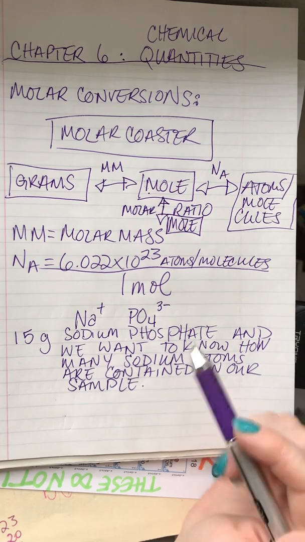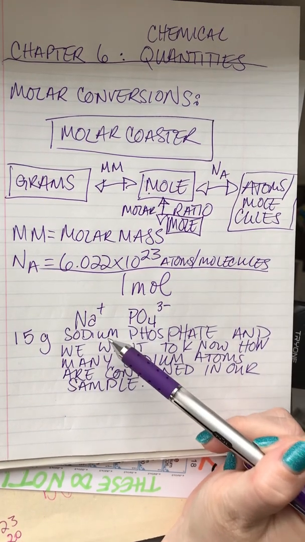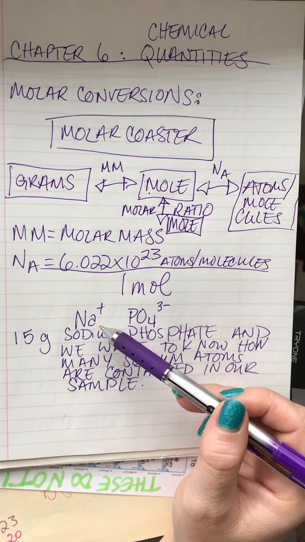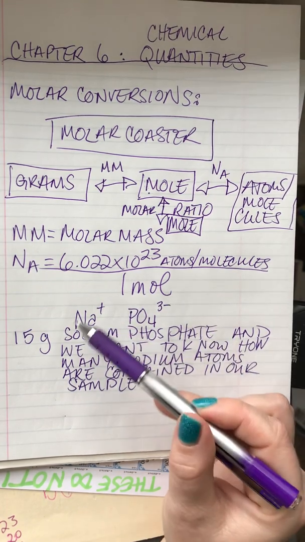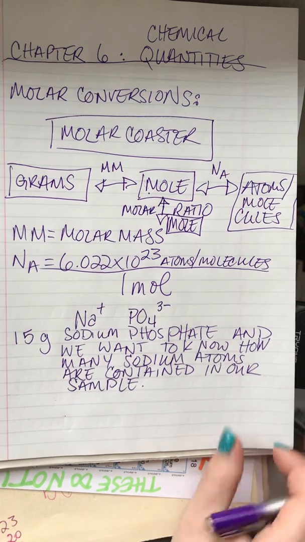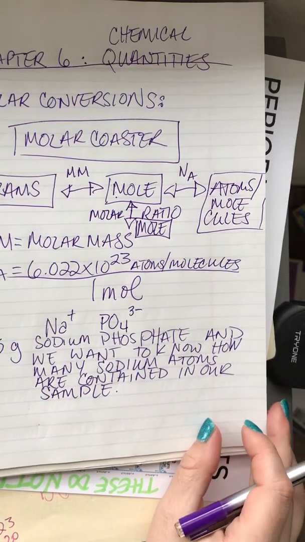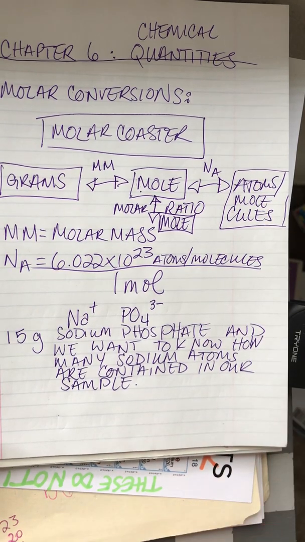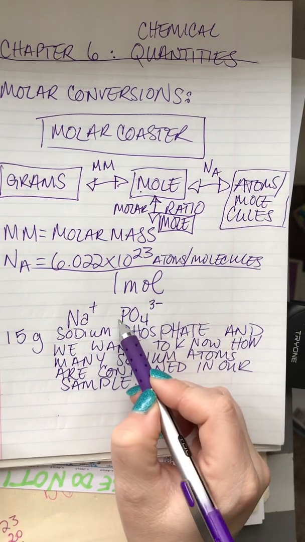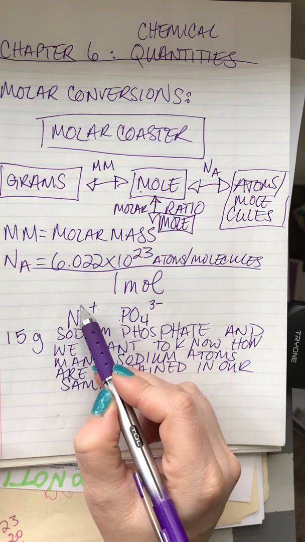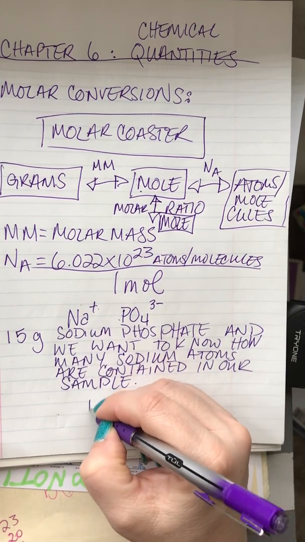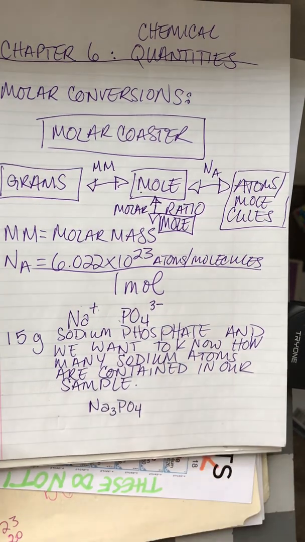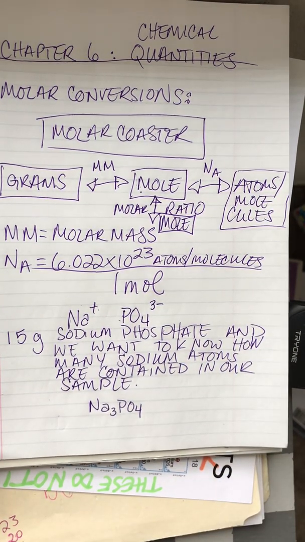Cool. So, a reminder on doing ionic nomenclature or ionic formulas: we always want to make a neutral compound. So how many sodium atoms will we need to make a neutral compound? 3, right? For every one of these guys, we need 3 of these guys. So what that looks like is this.